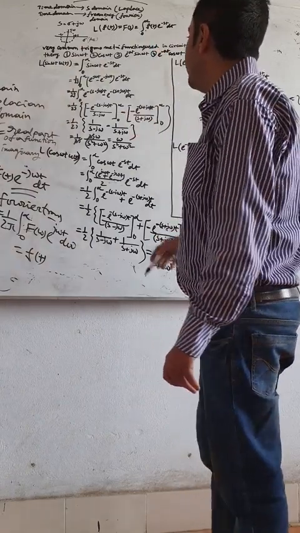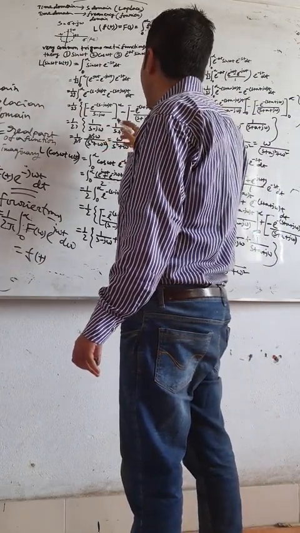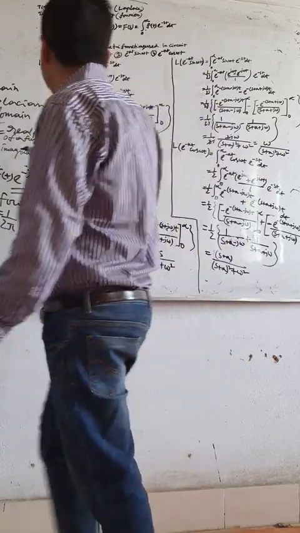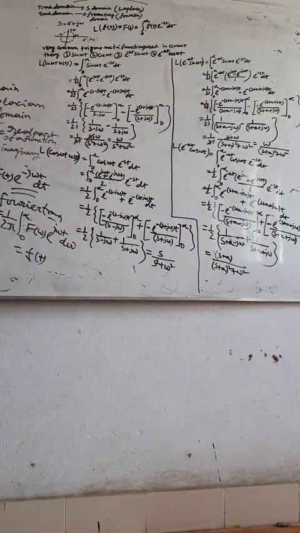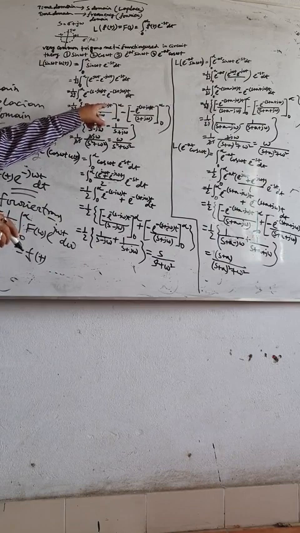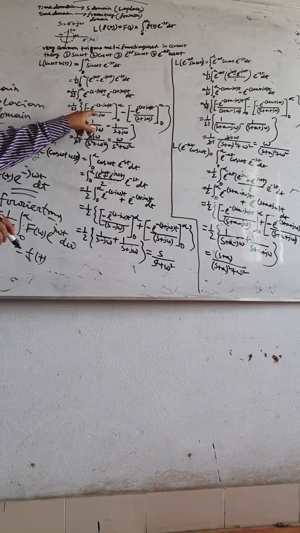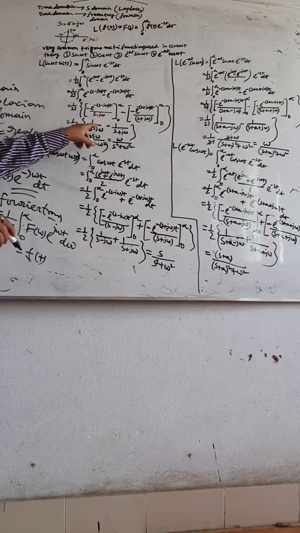So it will be 1 by s minus j omega and 1 by s plus j omega, because e to the power minus infinity is 0 and e to the power 0 is equal to 1. If we put e to the power minus infinity here, it is 0. So 0 minus e to the power 0 divided by s minus j omega, so it will be 1 by s minus j omega.